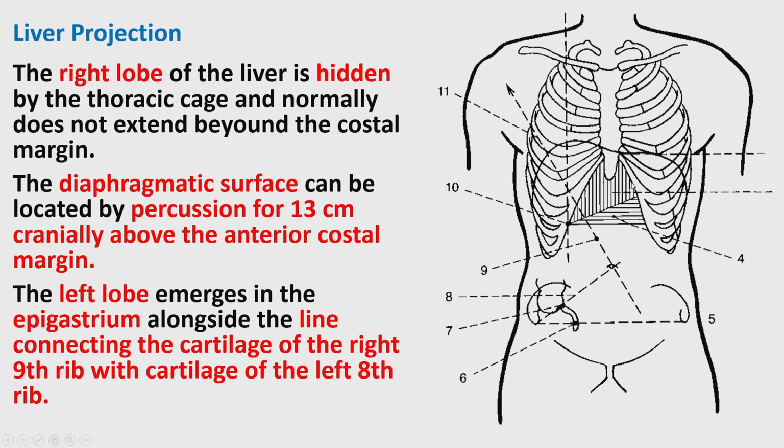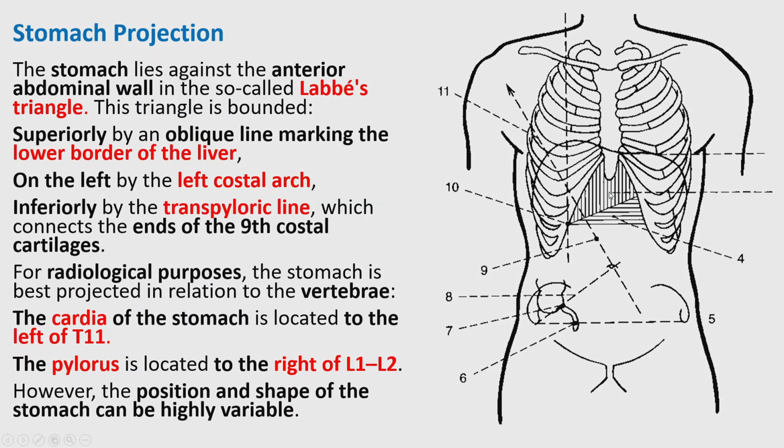But what is this triangle or oblique line? It is the projection of the left lobe of the liver, which is connecting the cartilage of the right 9th rib to the cartilage of the left 9th rib. So this is an oblique line which is making a border for the left lobe of the liver.